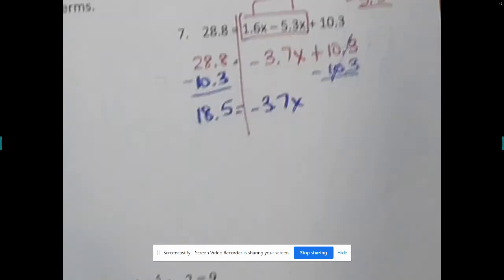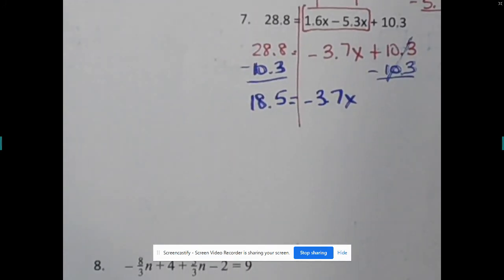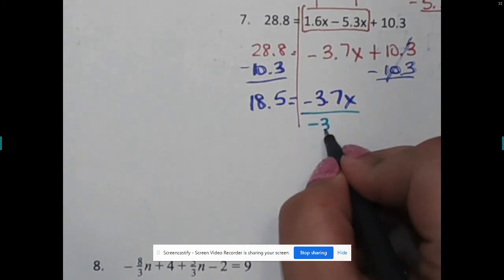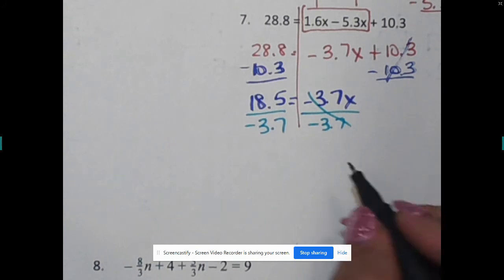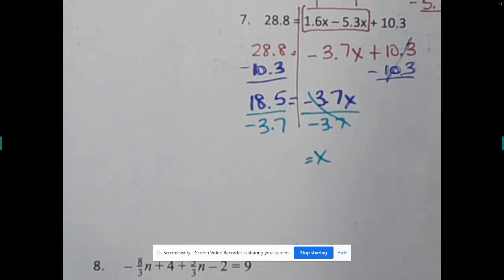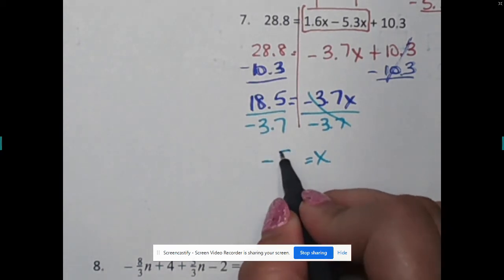What do I do next? Divide by negative 3.7. Cancel. X equals negative 5. Good.